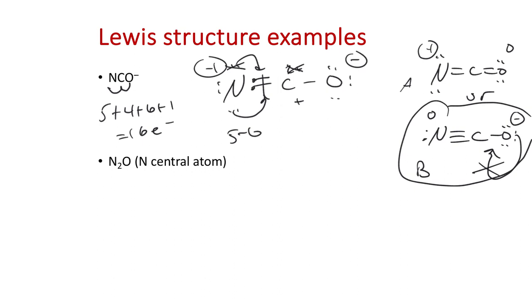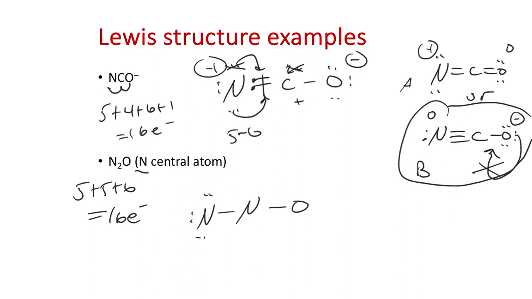Now, N2O is nitrous oxide, and N's the central atom here, so we have a central N with a nitrogen on one side, oxygen on the other, much like the example above. In fact, it has the same electron count of 16 total. So we end up in the same type of Lewis structure scenario as above, where we have now a 3 plus charge on nitrogen.